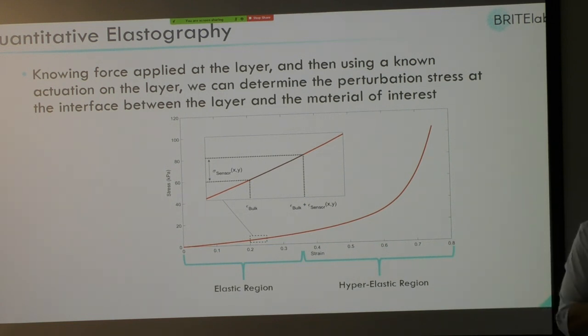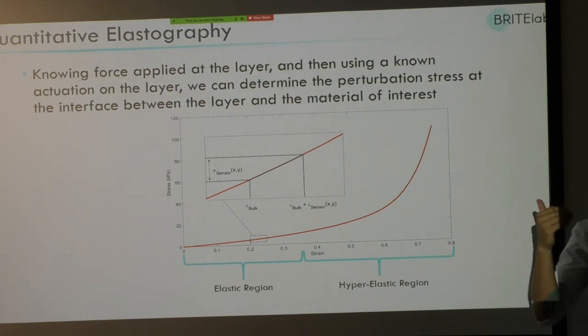OCT imaging systems see up to about 2.5 mm depth, but as the signal to noise ratio for the OCT decreases, the accuracy of the strain image decreases. So in the current protocol, we only image up to about 500 to 800 micron, so half a mm to 0.8 mm. So detecting even tumor beds, something like that.